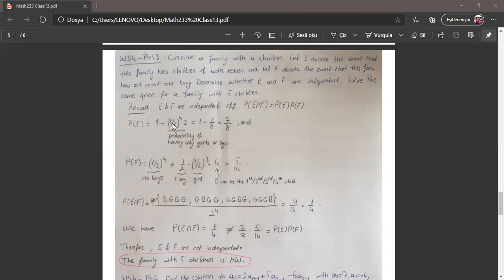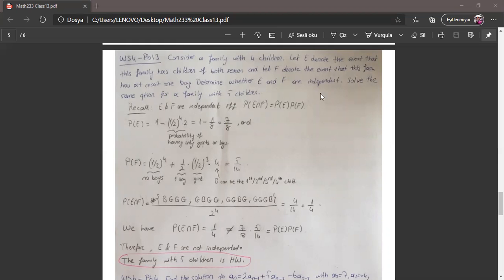If the family has only 4 girls, the probability of that is 1/2 to the 4. But they may have 4 boys too, so we multiply it by 2. This is the case where they have children of the same sex. The opposite of this, the complement, is 1 minus this, so we get 7/8.